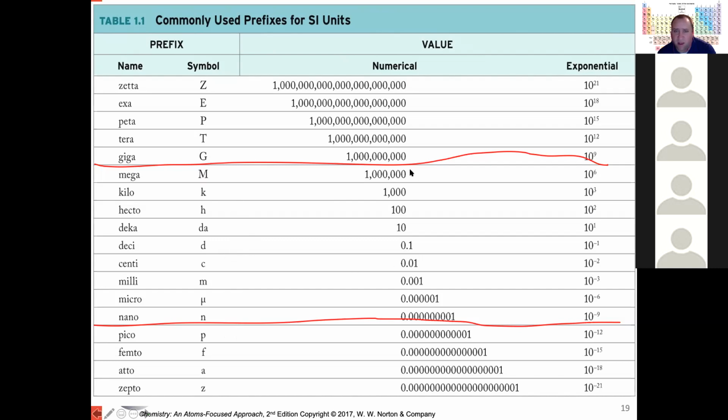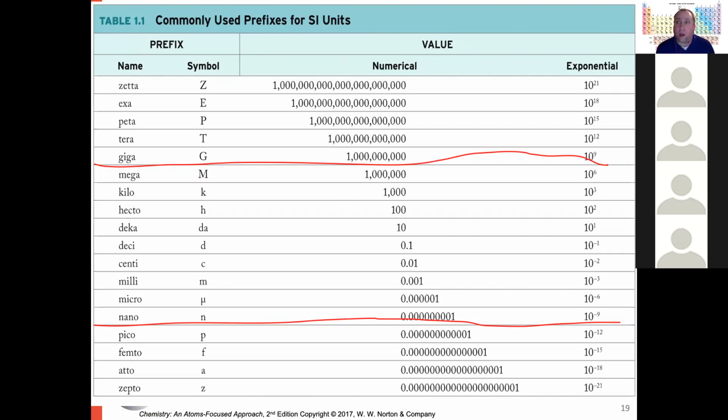And just keep in mind that the values here are relative to the base unit. So a kilo something is 1,000 times the base unit. So 1 kiloliter is 1,000 liters. 1 micrometer is 10 to the negative 6th meters. And so, especially when we're doing unit conversions, it's important to recognize what the relationship is.